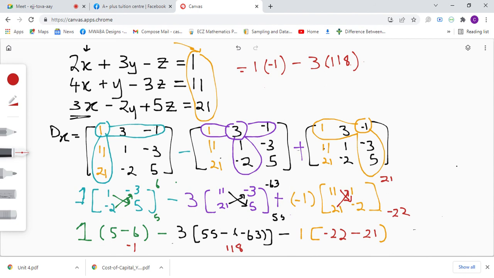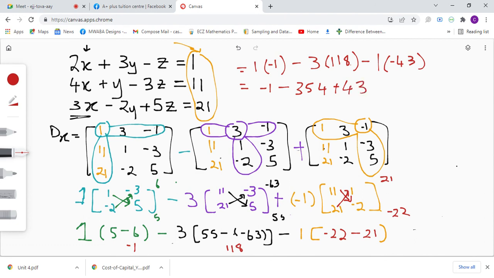Minus again, right? Negative 22 minus 21 gives us negative 43. Right? So 1 times negative 1, that's negative 1. Negative 3 times 118, we get 354. Negative 1 times negative 43, we get positive 43.